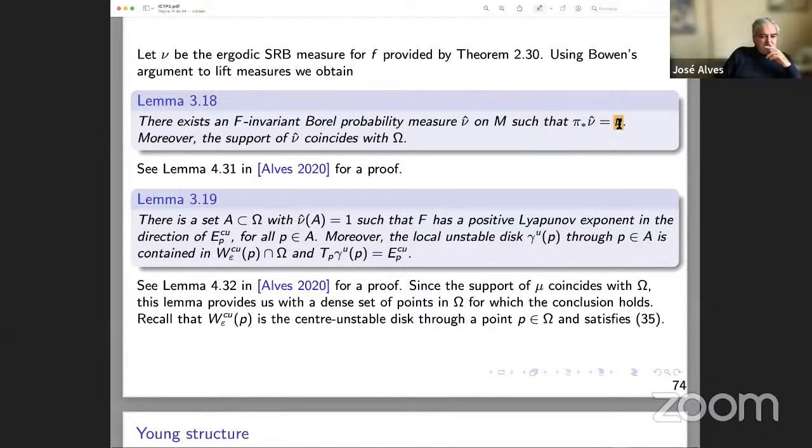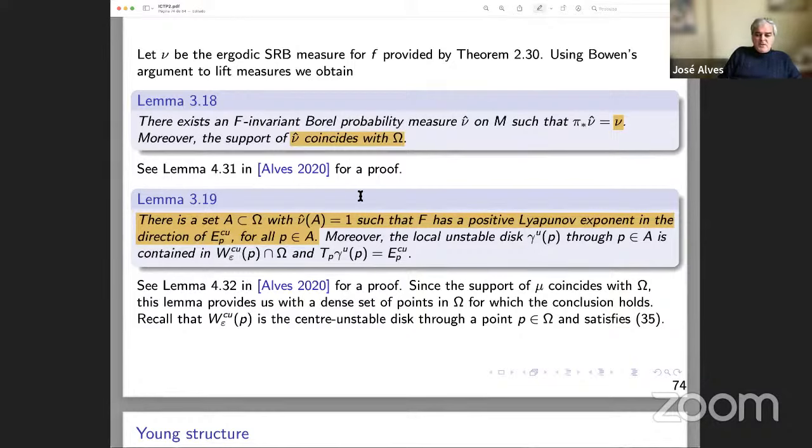This is essentially using a Bowen argument of lifting measures for extensions. And the support of that measure coincides with the whole attractor. And we can prove that that measure has a positive Lyapunov exponent in the center unstable direction.